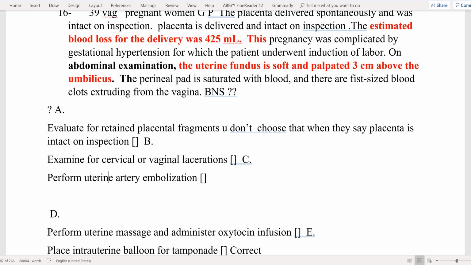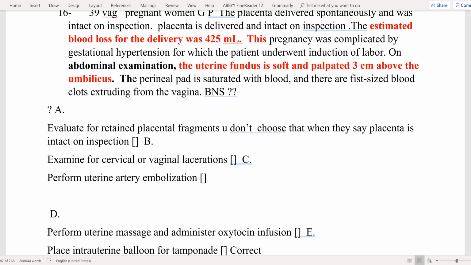Slurred speech with carotid atherosclerosis, what's the next step? Depending on the percentage, we would do carotid endarterectomy. Cough with diarrhea and eosinophilia, what's your diagnosis? Parasitic infection. Okay, let's go to the next.